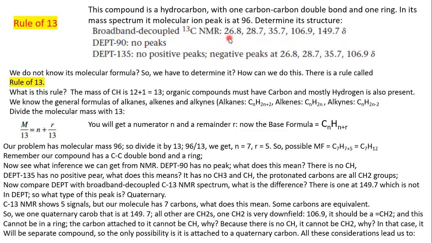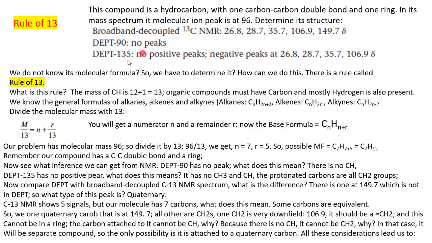We already know which range or region of chemical shifts tells us which groups are probably present there, which C13 carbon will be giving a signal in that region. So keep the chemical shifts also in mind.